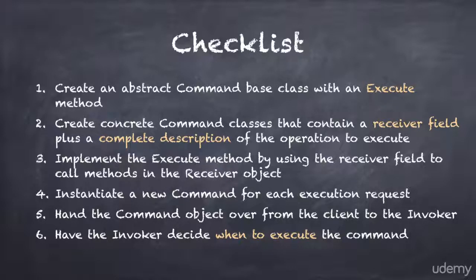Implement the execute method by using the receiver field to call methods in the receiver object. Instantiate a new command object for each deferred execution request. Hand the command object over from the client to the invoker. And finally, have the invoker decide when to execute the command.